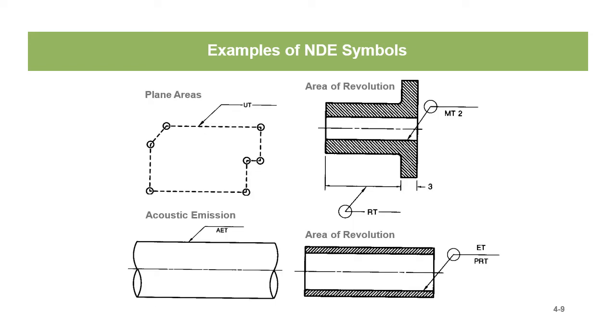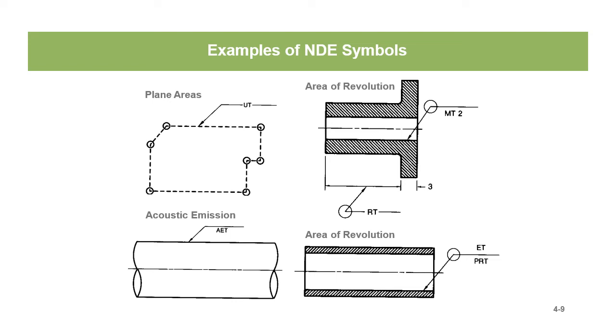Here's some more examples of NDE symbols. You can use it to lay out plane areas. The plane area there needs to be UT'd. You have acoustic emissions on this pipe.